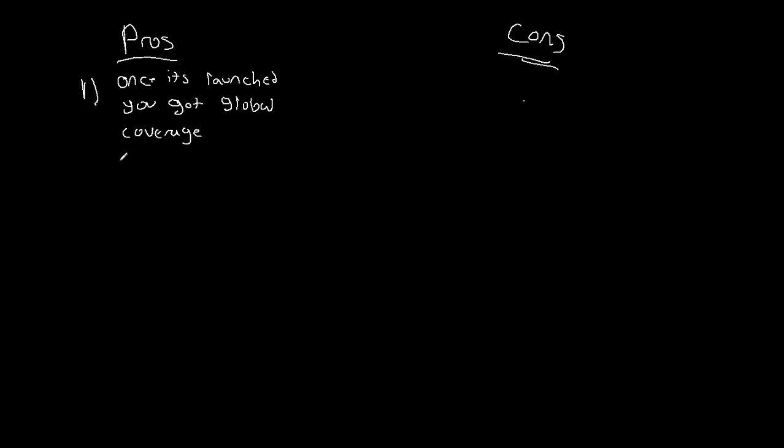We saw that with the sun synchronous satellite. So once you put it up, once you launch the satellite, you get global coverage. It doesn't cost you any more money. Once you put it up, you get global coverage.